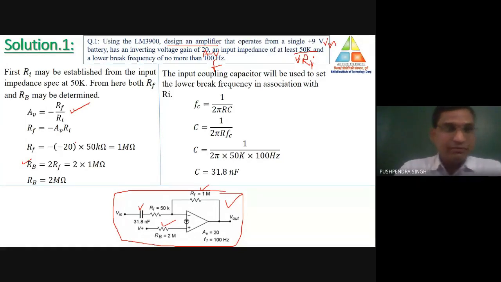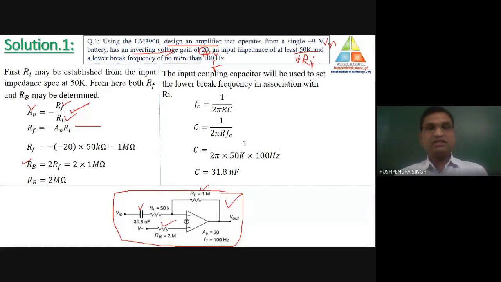Then by this voltage gain formula, the value of AV is given to you, RI is given to you. So from there you can easily calculate the value of RF. So what is the value of RF? RF is equal to minus AV into RI. Then RF is equal to minus 20. It's given as 20, but it is a non-inverting voltage gain. Na?